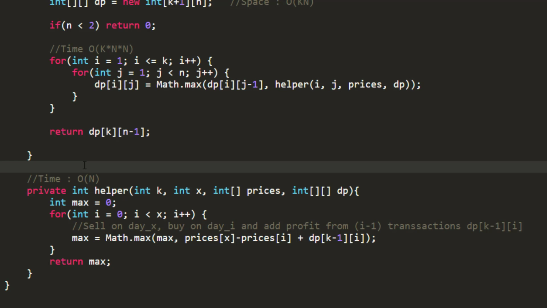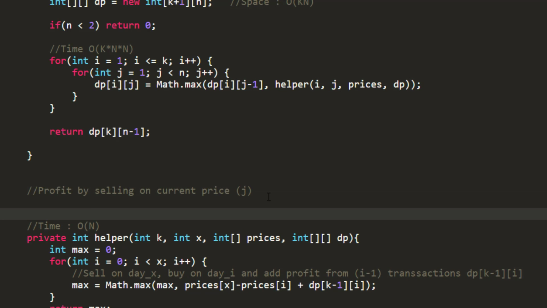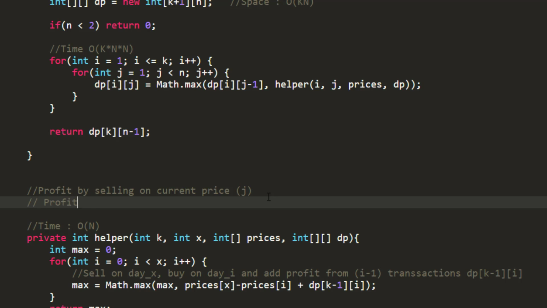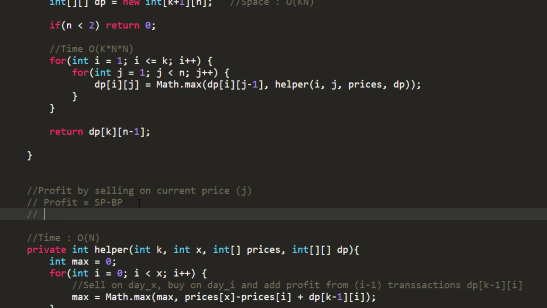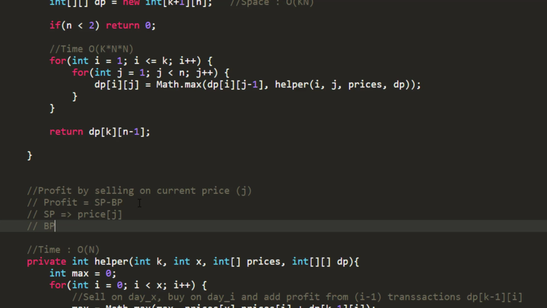So let's write it down here, and we know the profit formula. Profit is equal to sell price minus buy price. Now over here sell price is nothing but price of j. Now what about buy price?